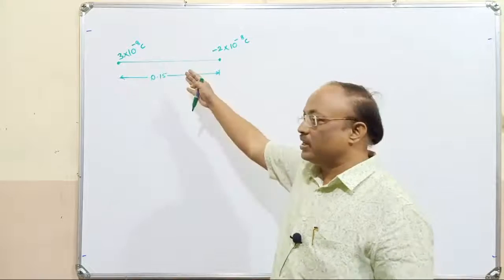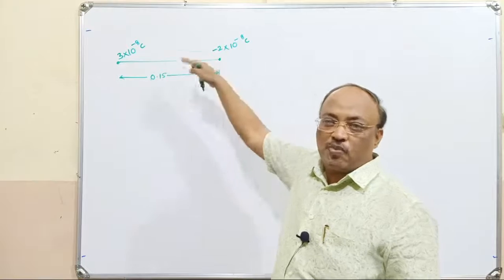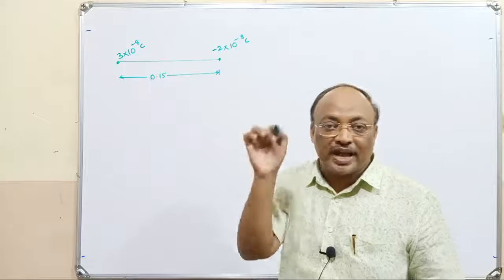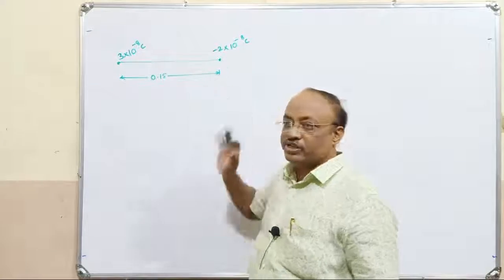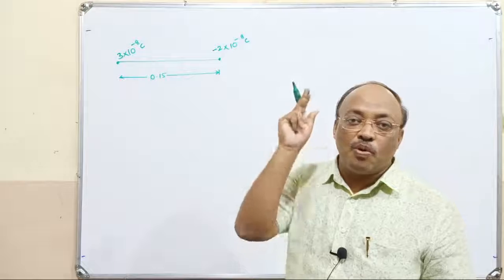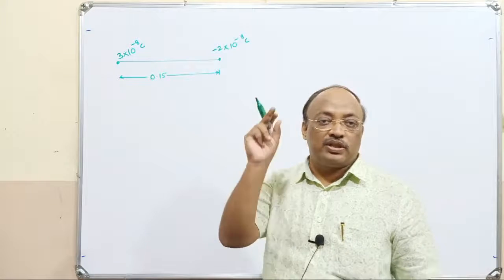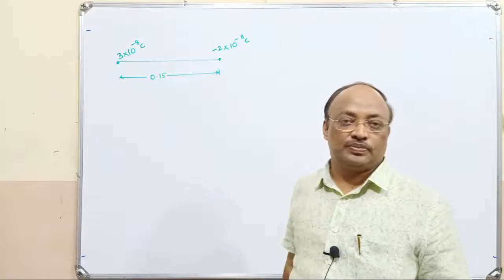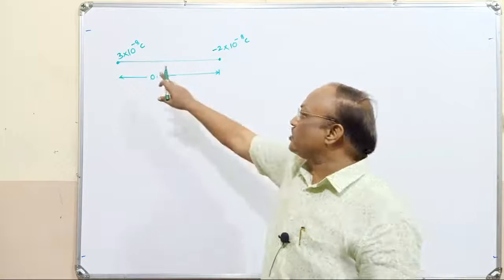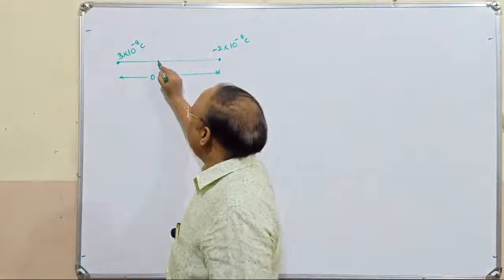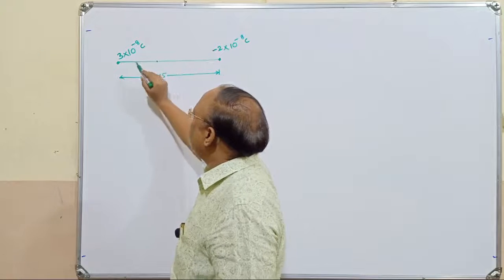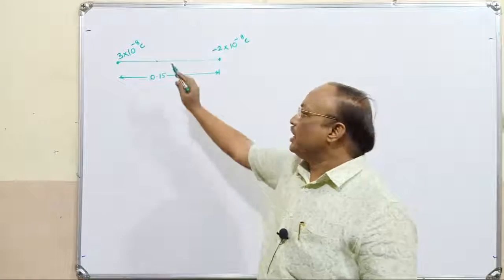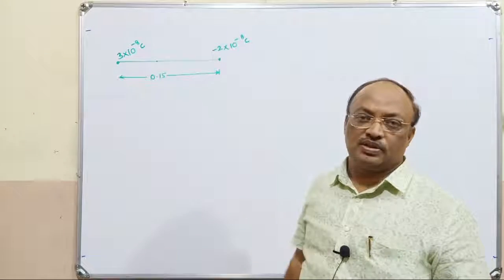Though they are not mentioned, if such a question is given, you have to calculate both these points where the potential is 0. Definitely, as you are seeing, one point will be somewhere in between these two charges.